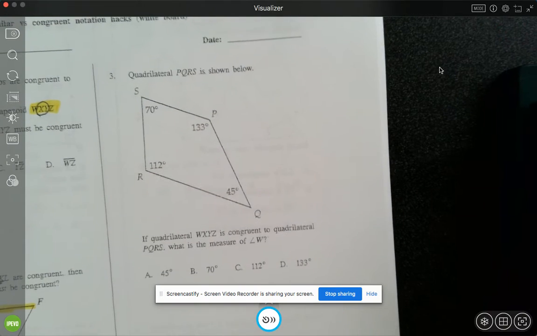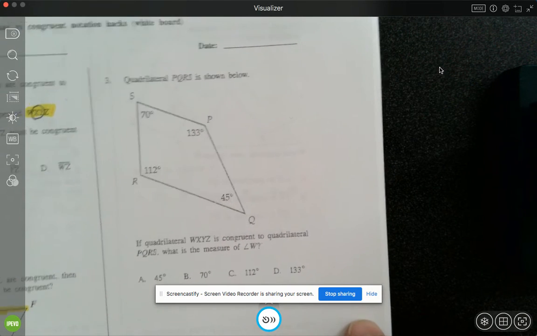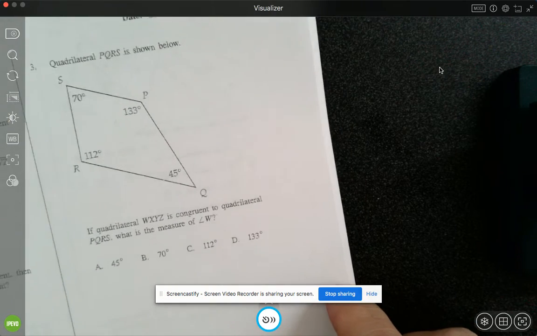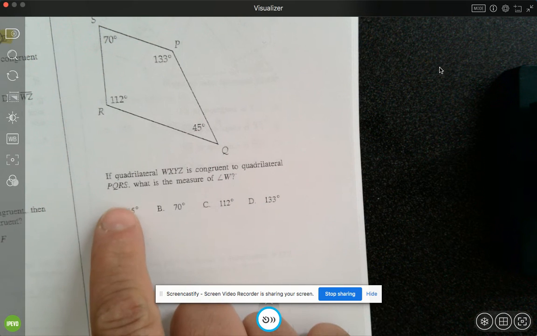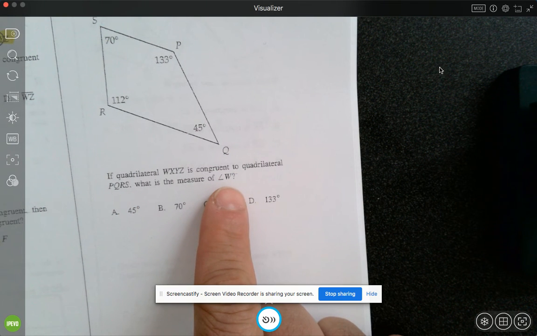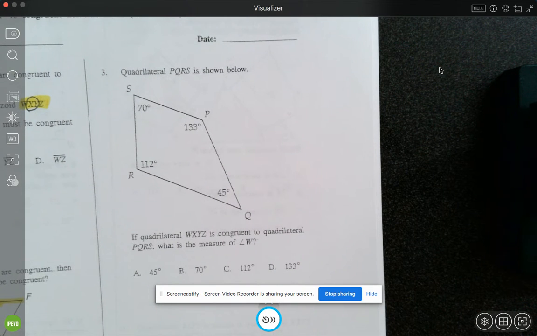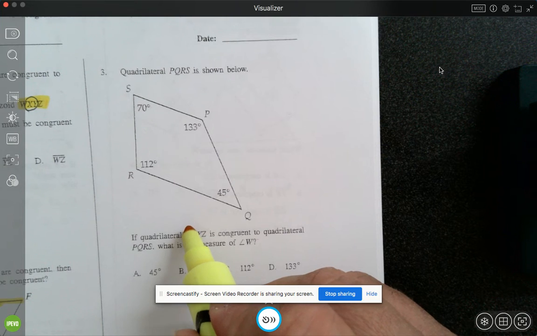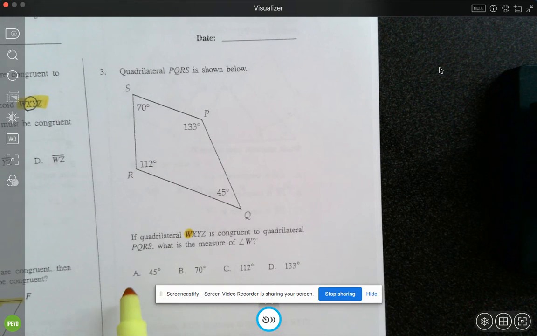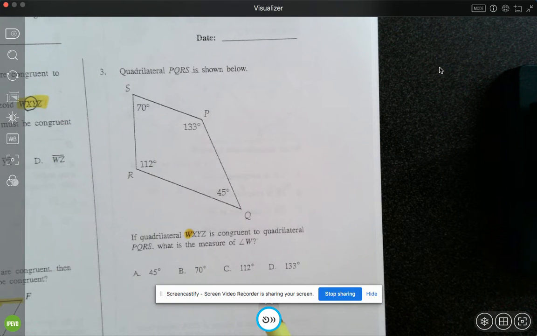Number 3, quadrilateral PQRS is shown below. If quadrilateral WXYZ, which is not shown, is congruent to PQRS, what is the measure of angle W? Just my hint to you before you answer this one is W is the first letter. So which angle do you think it is? What is the measure of angle W?